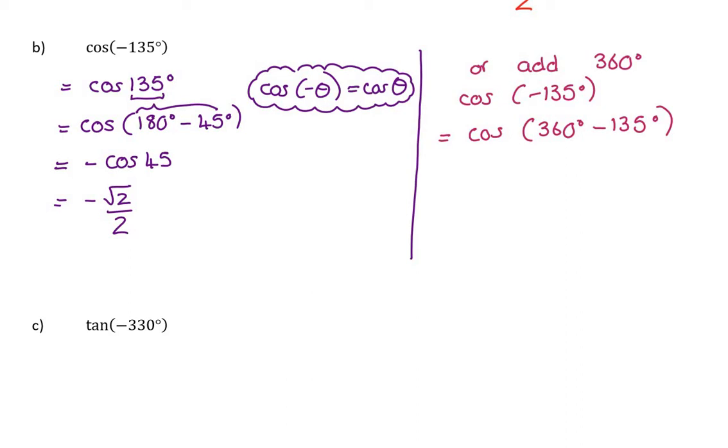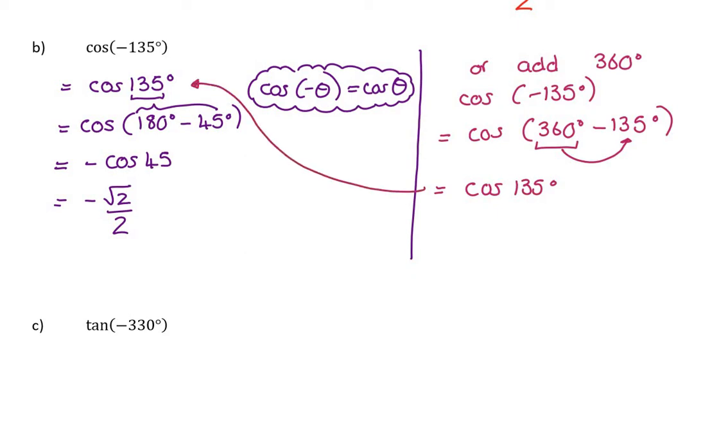The only thing is this is quite tricky to explain. If I say 360 degrees minus an angle, the important thing is to just think of that as 360 minus, so we're going into quadrant 4. So because we're going into quadrant 4, this is positive cos 135 degrees. And so I get straight back to that place there.